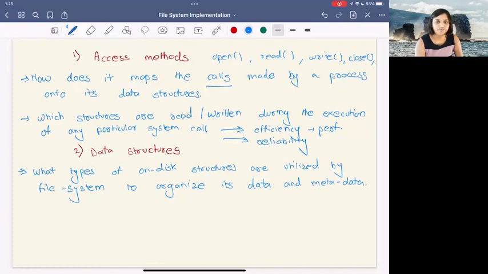Any ideas? Well, a simplest possible data structure could just be an array, right? So we could have simply arrays of blocks or other objects.